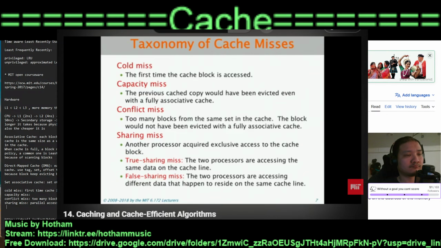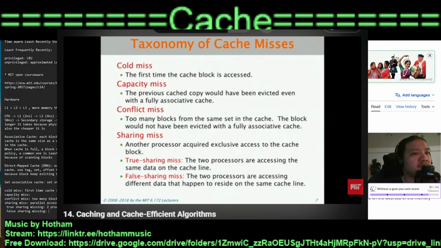As you recall from a previous lecture, if one of the two processors is writing to this cache line, whenever it does a write, it needs to acquire the cache line in exclusive mode and then invalidate that cache line in all other caches.